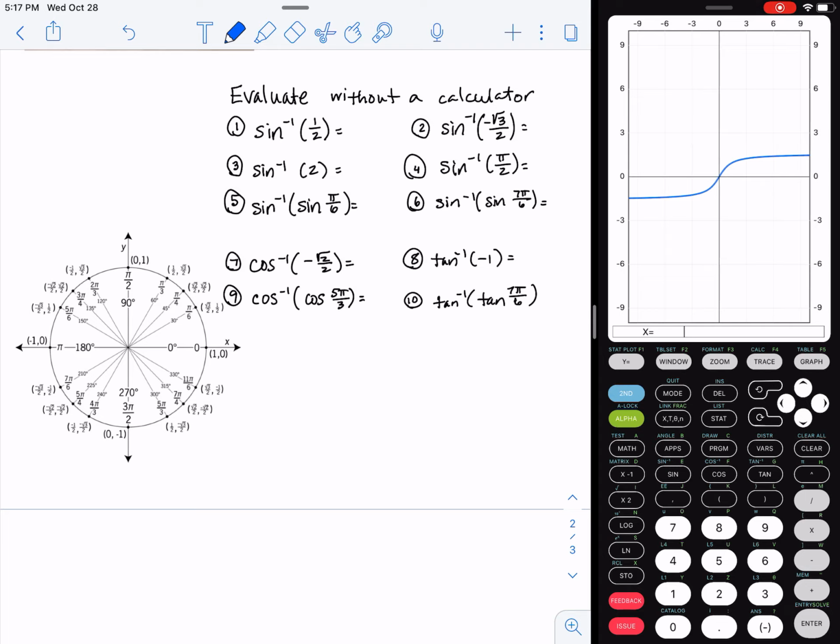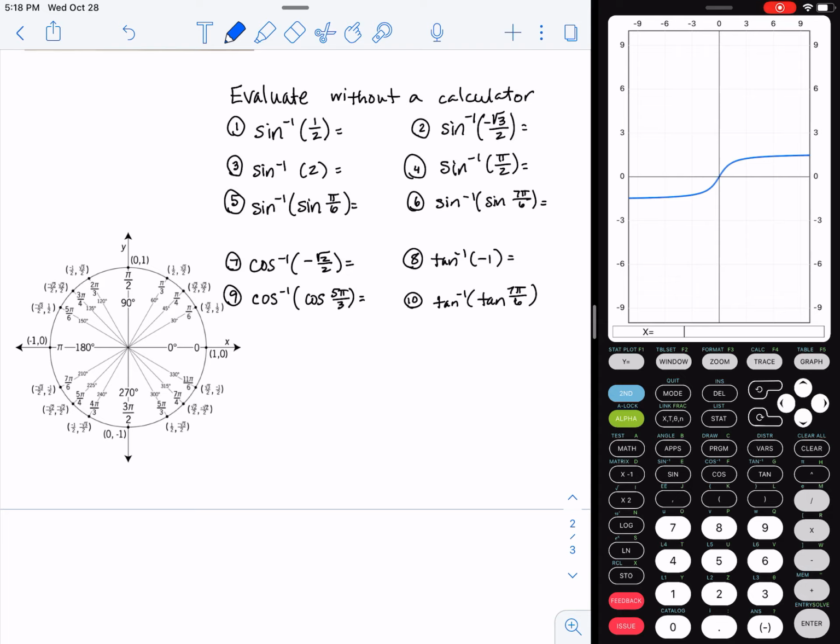So taking a look at some problems here, you have to evaluate these. When you're looking at the arc sine, keep in mind the arc sine is where you are looking at quadrants 1 and 4. So if the arc sine is a half, that means I'm restricted within quadrants 1 and 4, and I am looking for the angle measure, because the angle measure is our output.